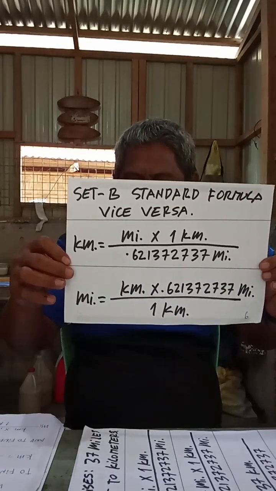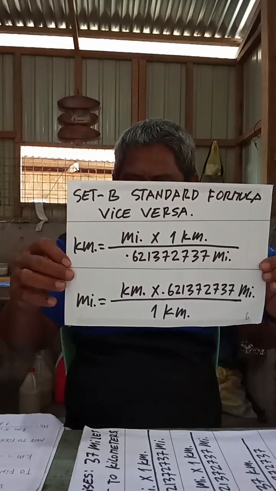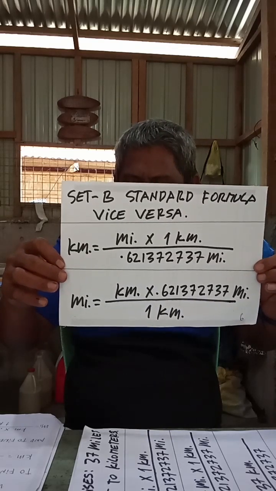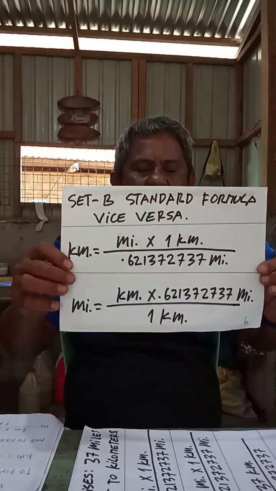And to find mile is mile = kilometer times 0.621372737 mile over 1 kilometer. So exercises. Tingnan natin kung magtugma ba ang equation.